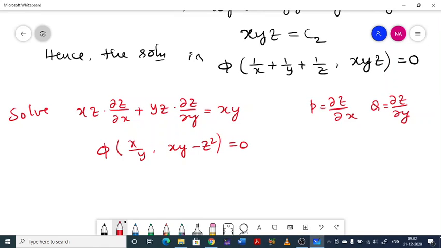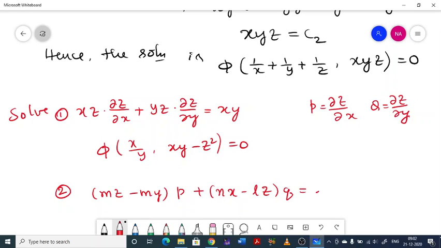Similarly, let us take one more: mz minus my into p plus nx minus lz into q equal to ly minus mx.